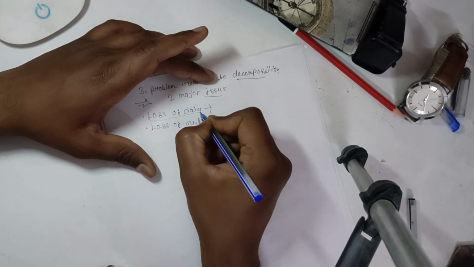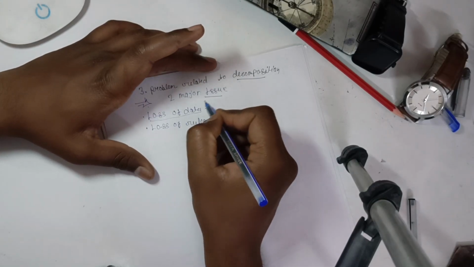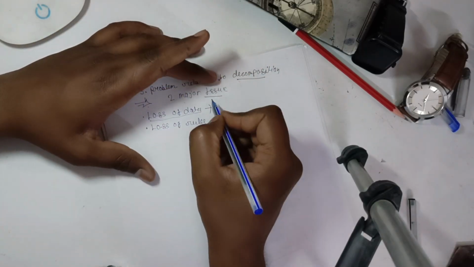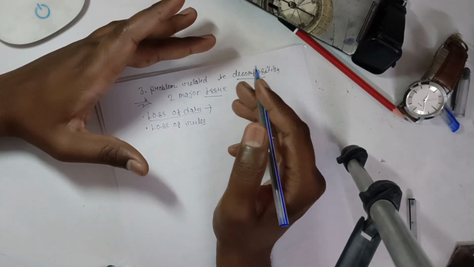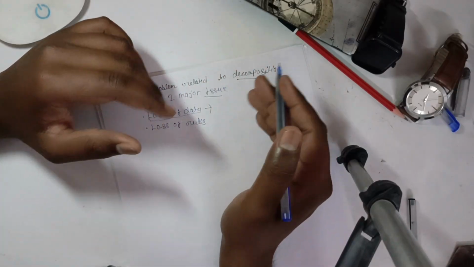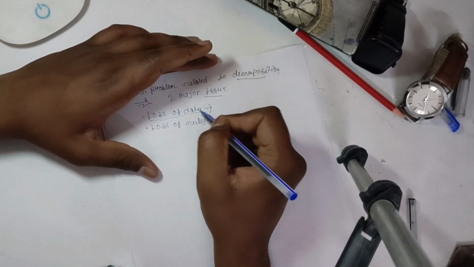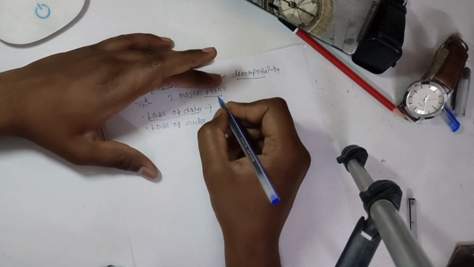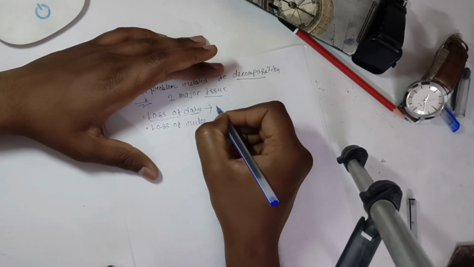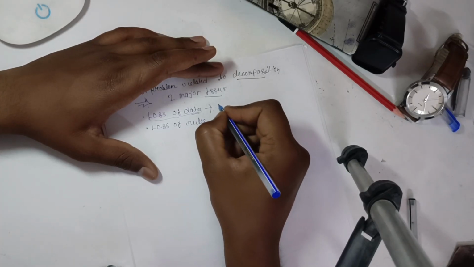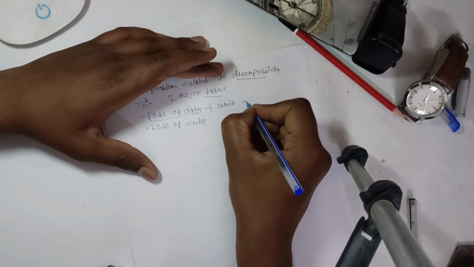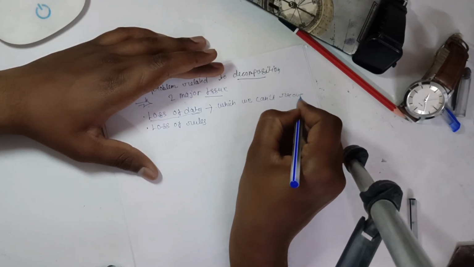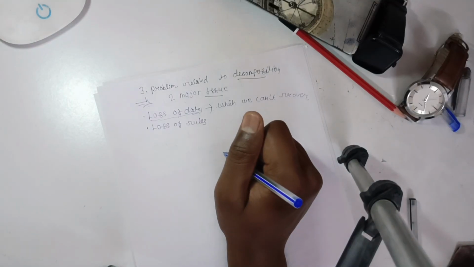If we decompose the table, suppose we want to make a separate column for marks of the students in all semesters, we might have loss of data. The loss of data means the data which we can't recover. I hope this all is visible.